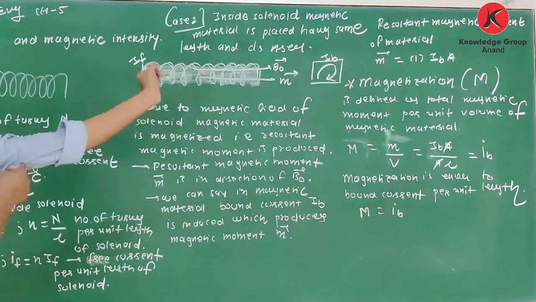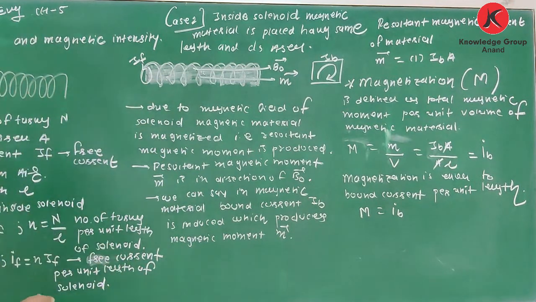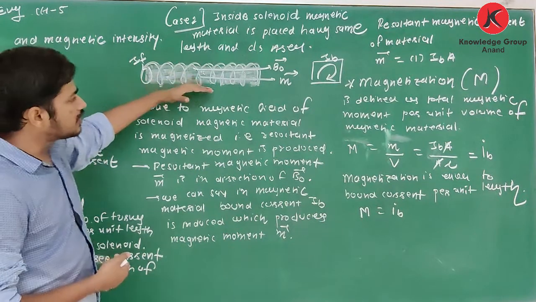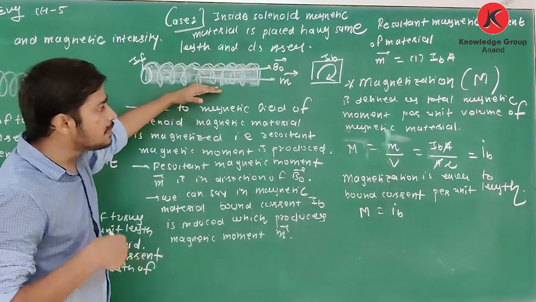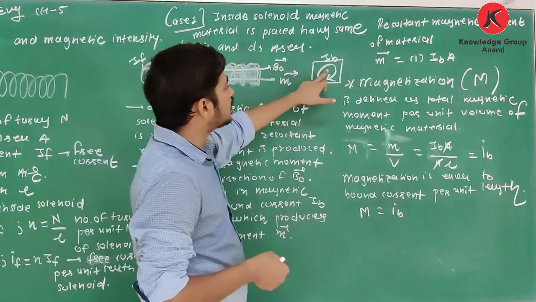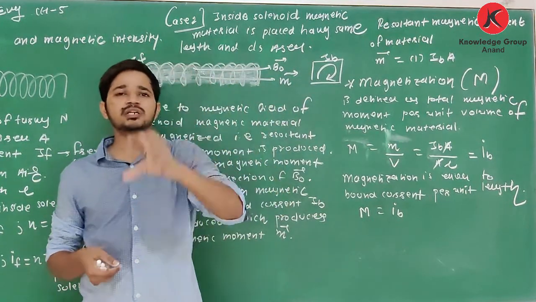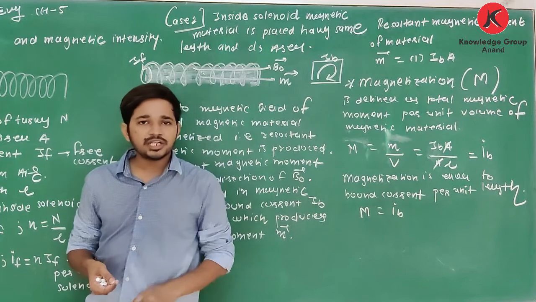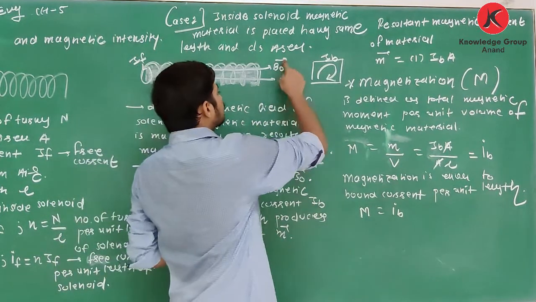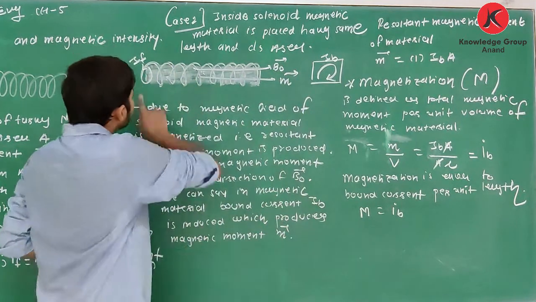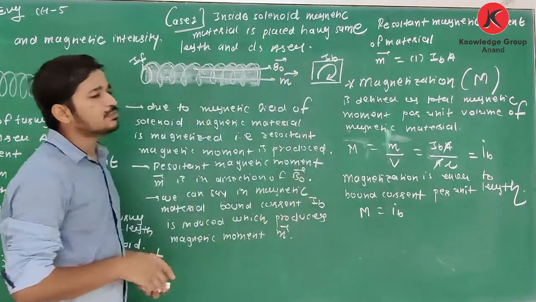So now what happens? See here. Initially only the free current IF is flowing in the solenoid. When magnetic material is placed, that material is magnetized, which means there is some current flowing from that magnetic material, that is IB. As B0 and M are in the same direction, these two currents are also in the same direction.